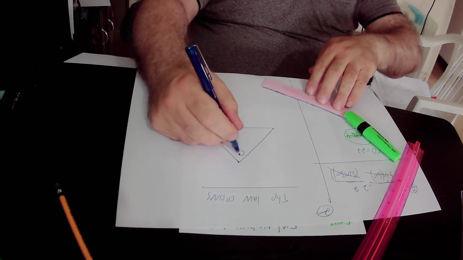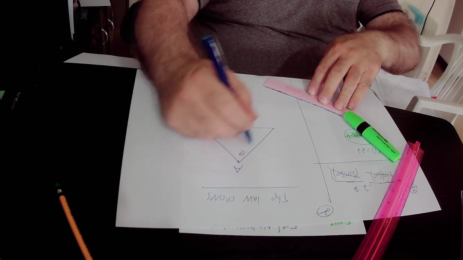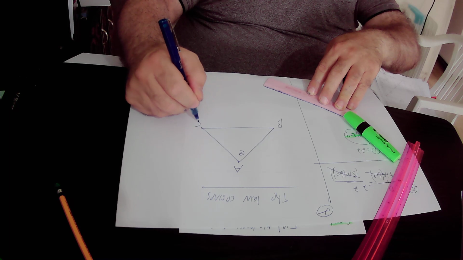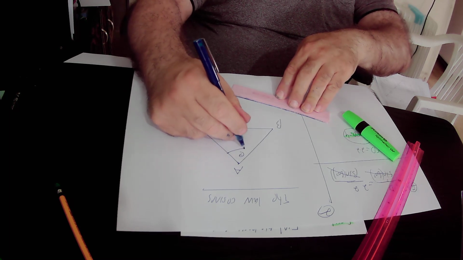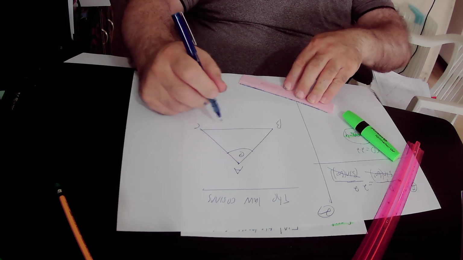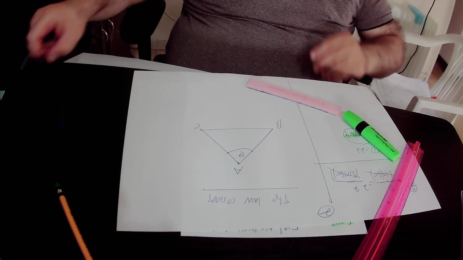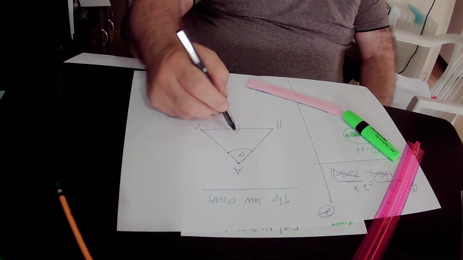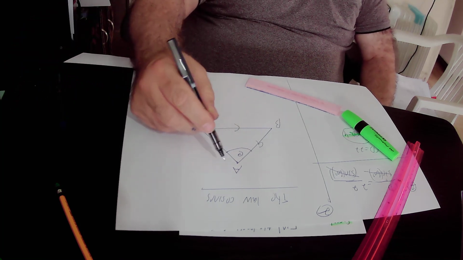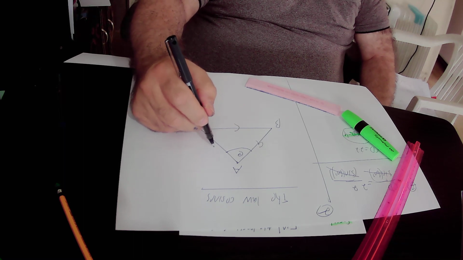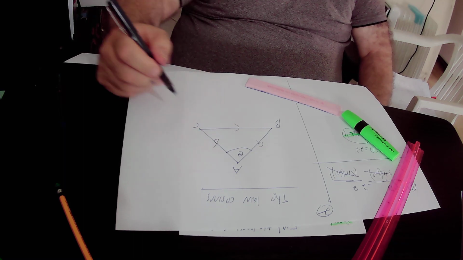This is angle theta. Side BC equals C units in its length, side AB equals A units in its length, and side AC equals B units in its length.